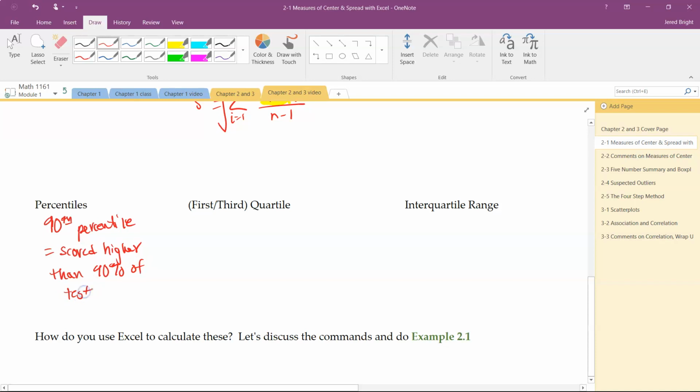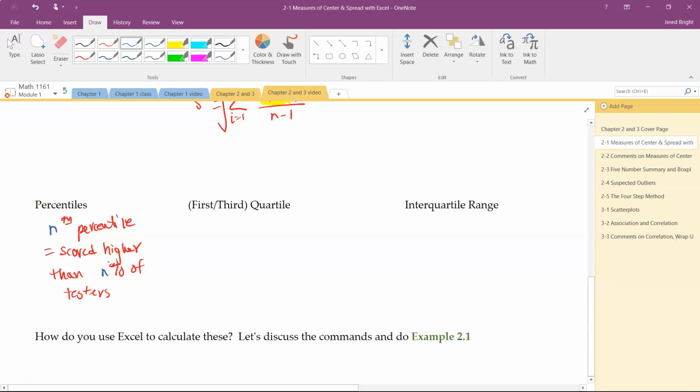So in general, if we say I'm looking at the nth percentile, that means that you scored higher than n% of the testers. So if you think about a point, n% would be under that point.